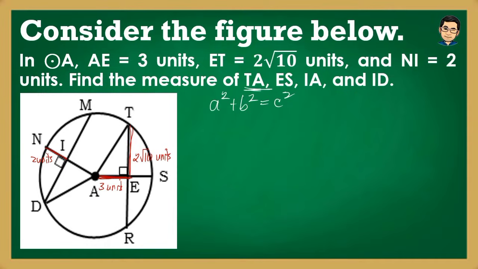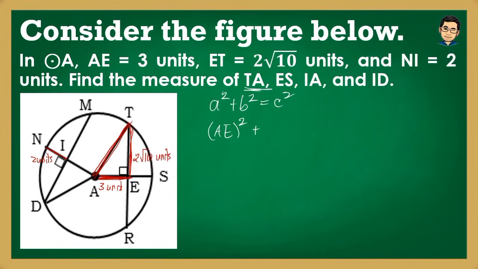It's because, kung papansinin po natin, nagpo-form po kasi yung AE, ET, tsaka yung TA or AT ng right triangle. So, para ma-solve natin yung sukat ng TA, yung nag-act as hypotenuse, kailangan nating i-apply yung Pythagorean theorem. Okay, so, i-label lang natin yung A dito is yung magiging AE.